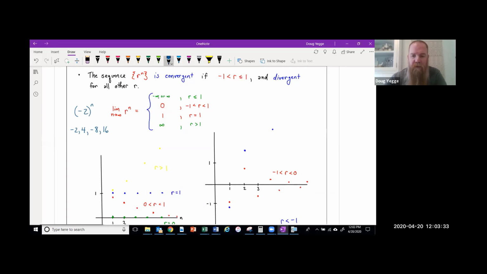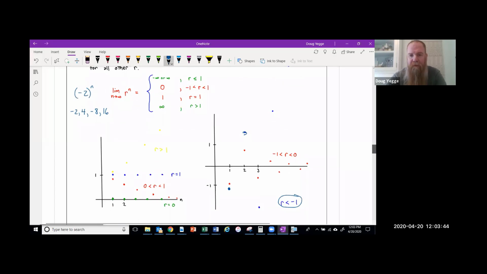So in this situation, if r is less than -1, it jumps from positive to negative to positive to negative, but it just keeps bouncing back and forth, still going off to infinity. Plug in 3, it's going down here. Plug in 4, it's further away. So that should be obvious as to why, if r is less than -1, this diverges as well.